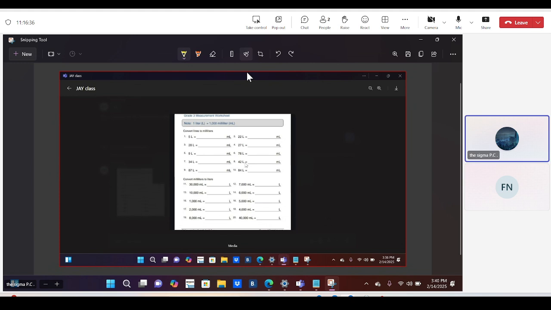5 liters equals 5,000. Good. 28,000. Perfect. 9,000.